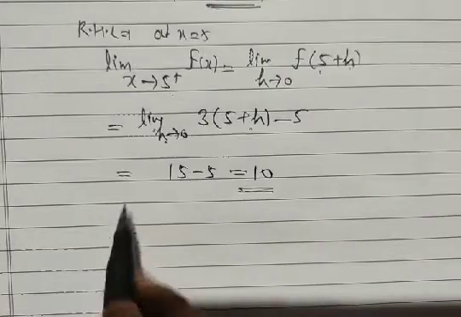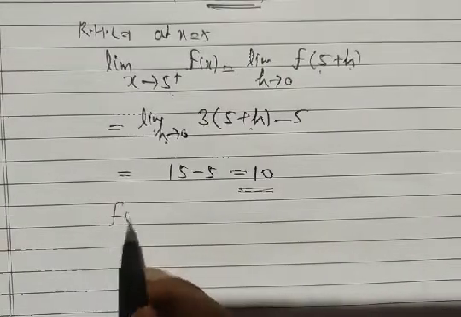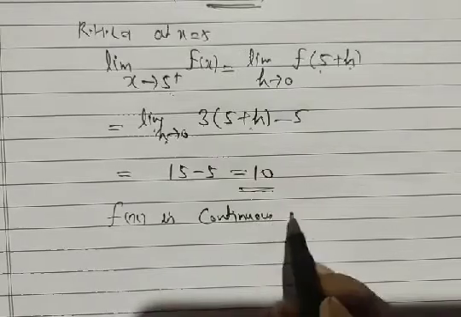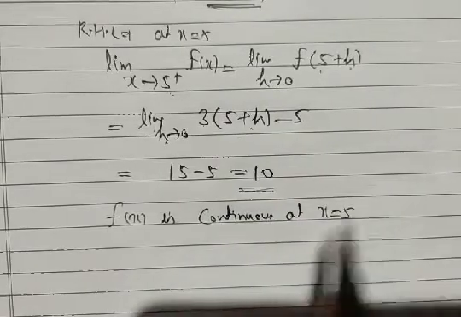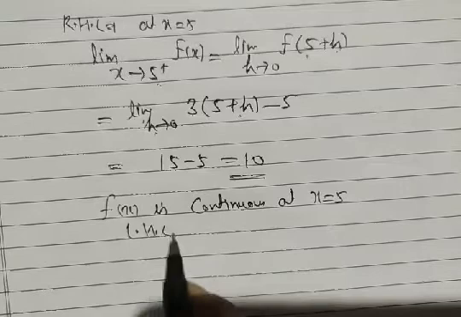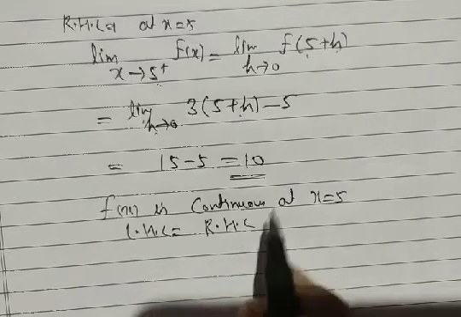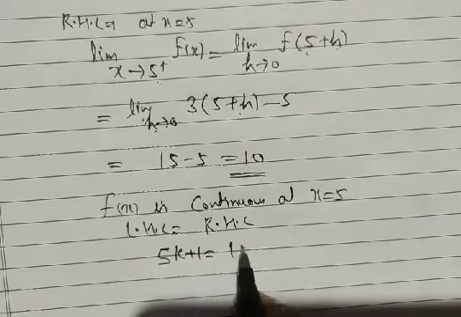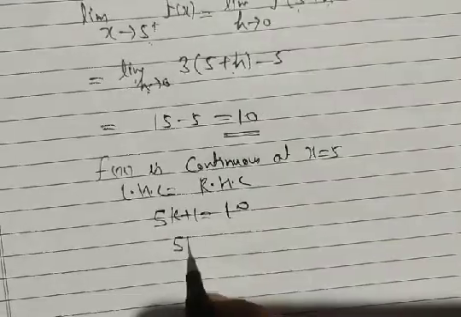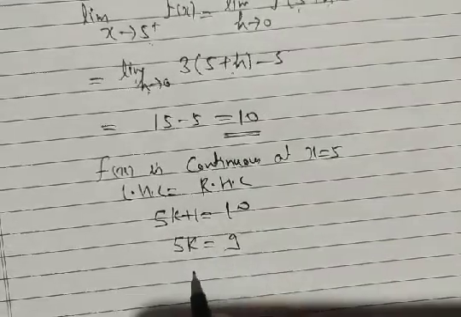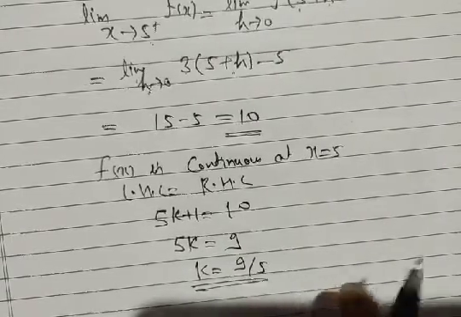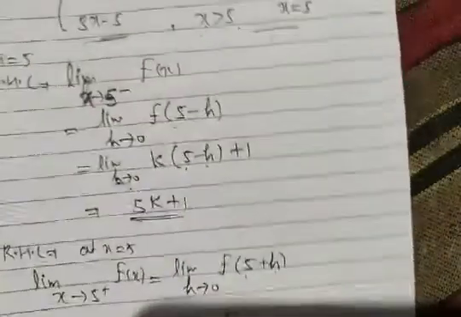Since f(x) is continuous at x equal to 5, therefore left hand limit equals right hand limit. Our 5k plus 1 is equal to 10, then 5k is equal to 9, then our k is equal to 9 upon 5.